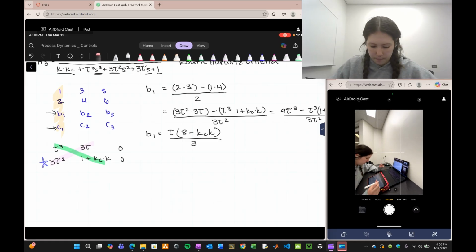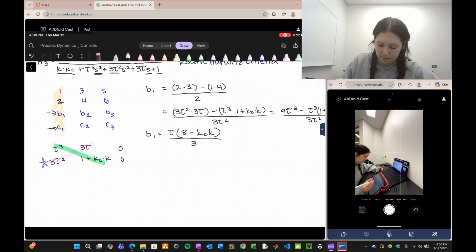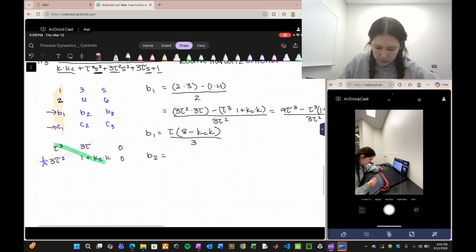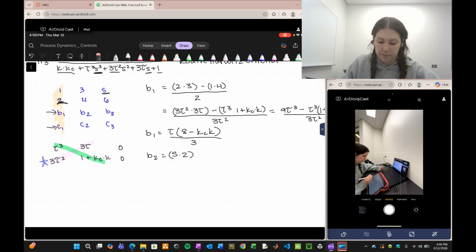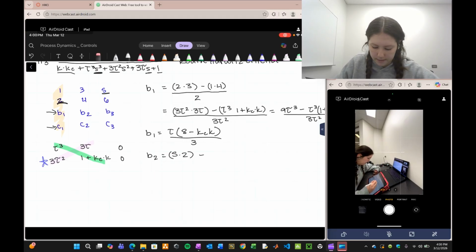So for B2, we'll be using that outer column. It'll actually be our 5 times 2, whatever coefficients are in that position, and then minus 1 times 6. And both of the values in our 5 and 6 position are zeros, so it doesn't even matter what the denominator is.